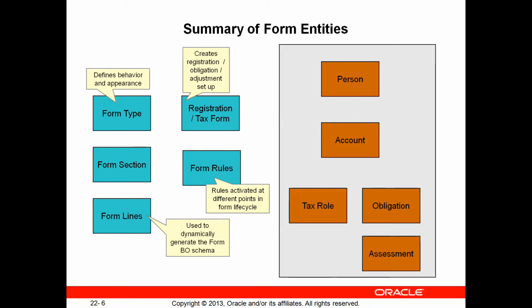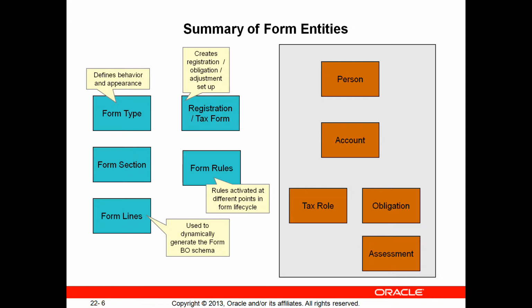And when we build the form type, we will see that the important parts of form types are the form sections and lines. Form sections and lines make up the user interface for the form. And when you generate the form type, that's when the underlying form is actually created dynamically. You don't have to go to the transaction business object and create the user interface.